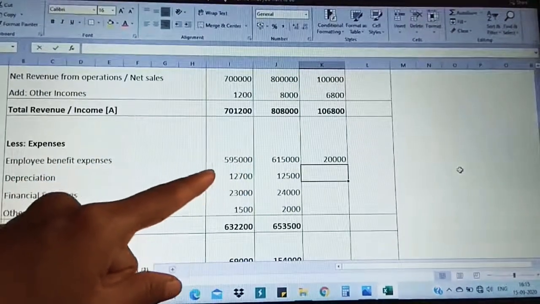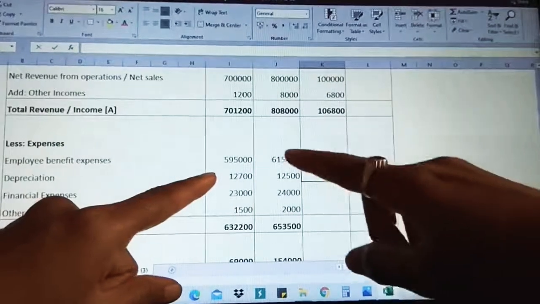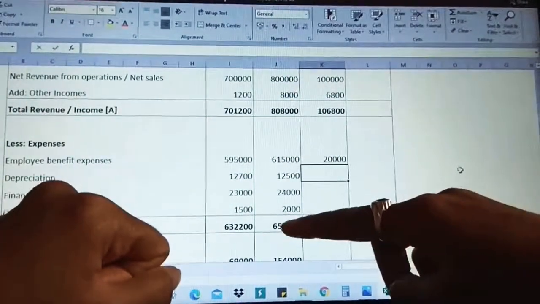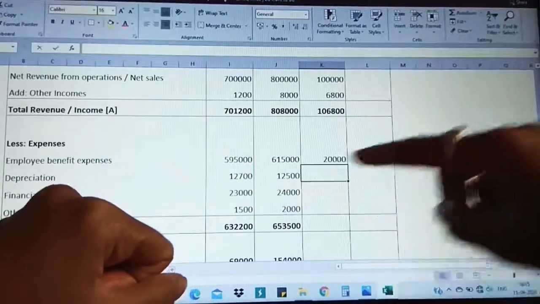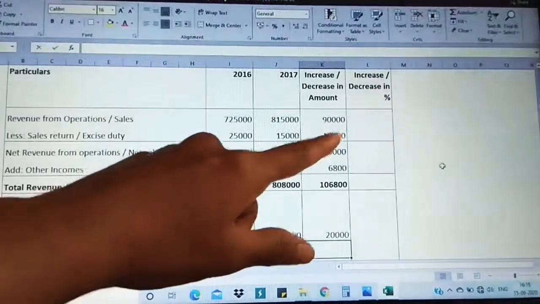You should always know, if it is going to be greater, always your second year value should be greater. It is a positive. So if your second year value is less, it will be negative, as we got here for 10,000.